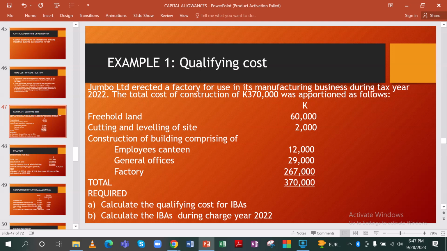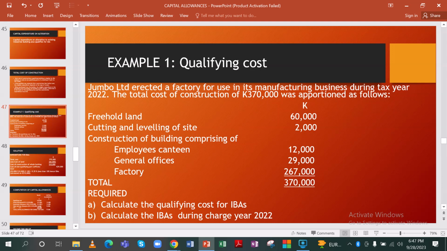So how do we determine the qualifying cost? Out of the expenditure of 370,000, we need to remove non-qualifying costs, which are made up basically of three things. One, if there is a subsidy which was used towards the construction of this particular building, that has to be taken out of the 370.